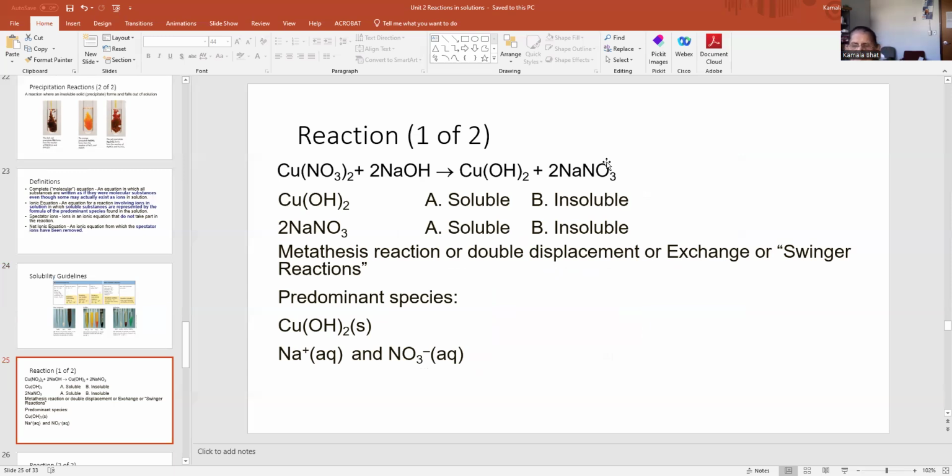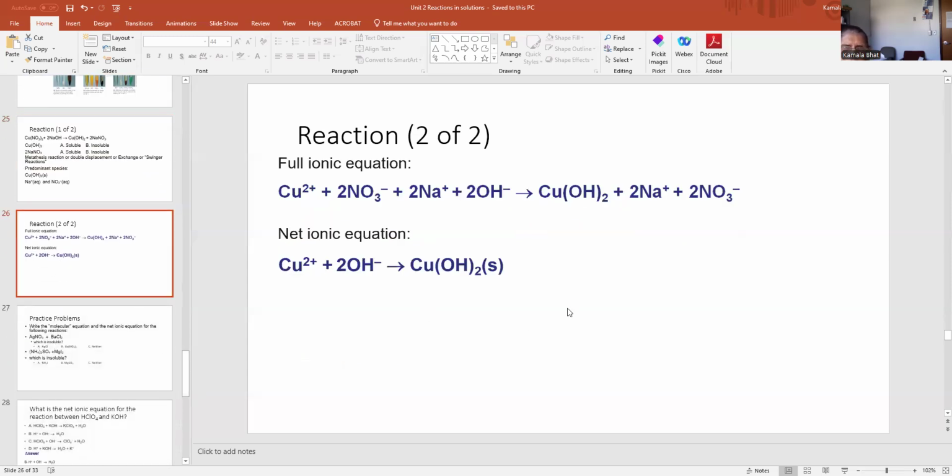This type of reaction is called a metathesis reaction, double displacement reaction, or exchange or swinger reaction. The predominant species are copper hydroxide, sodium ion, and nitrate ion. And there is another one where the same reaction is shown in the form of a net ionic reaction. When we remove the spectator ions, the net product is what you see, and that is a solid.